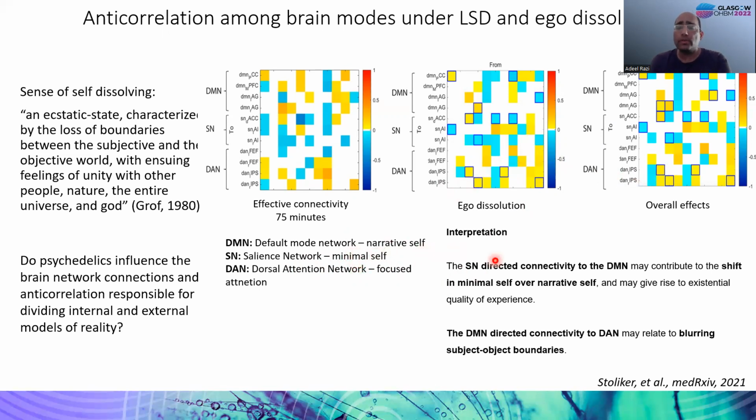So this contributes to the evidence about the blurring of boundaries between the subject and object world. This is another piece of experimental evidence of how the subjective effects come about and what the underlying neural mechanisms are.